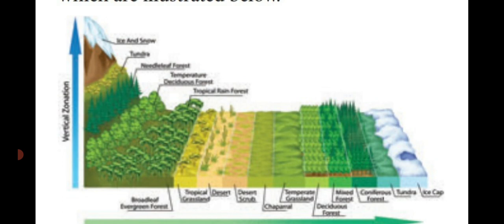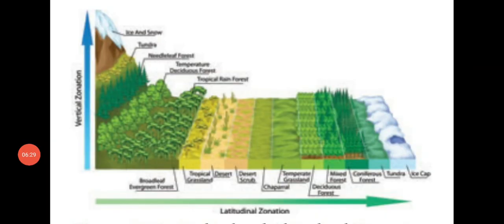So different regions are given here, and the diagram is drawn from the equator region towards the north pole and the south pole. Dear students, the diagram is showing the two vegetation types. The horizontal one is said to be the latitudinal zonation, that means the distance from the equator.